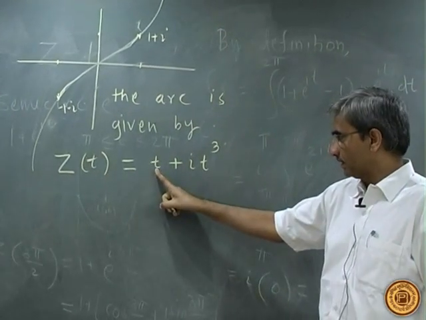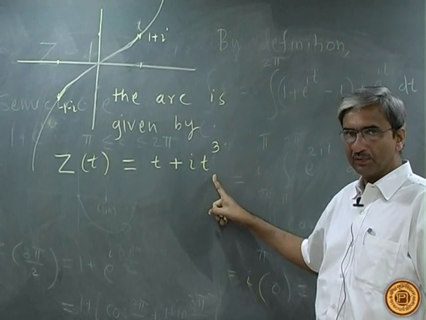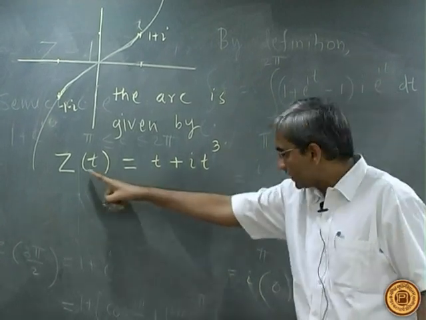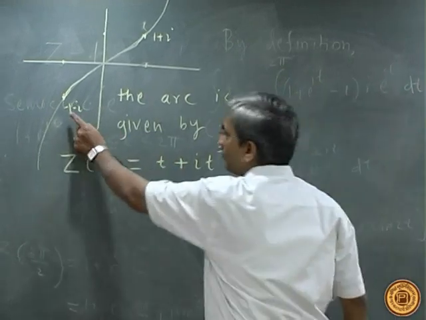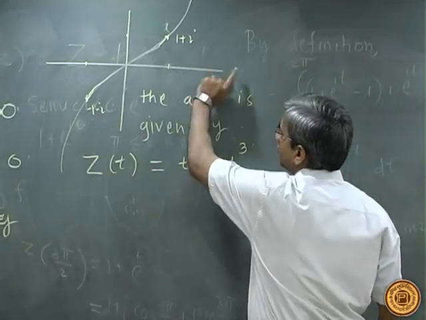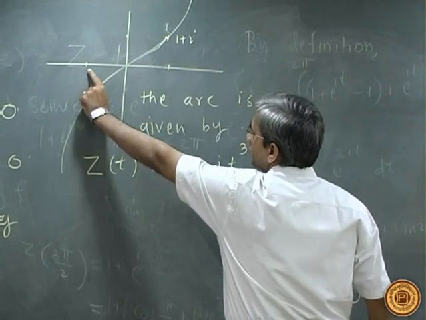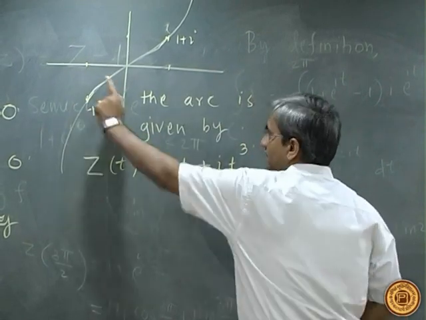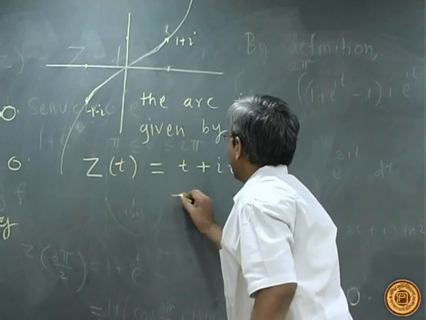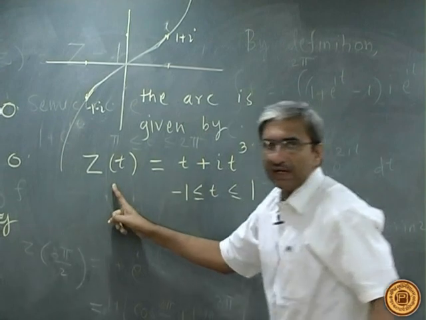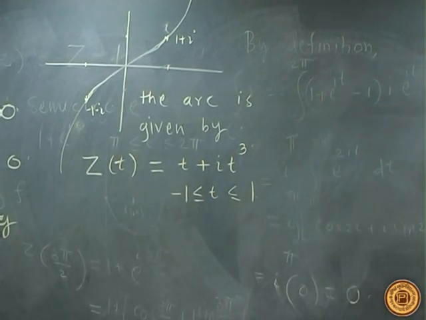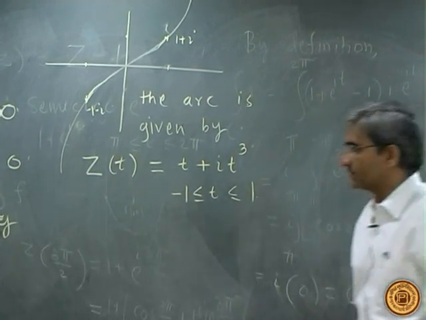So if x is t, y has to be x cube on the curve. So this is exactly the parameterization of y is equal to x cube. But we want only from minus 1 minus I to 1 plus I. That means x, which we have taken as t, ranges from minus 1 to 1. So minus 1 less than or equal to t less than or equal to 1. So this is our description of the contour on which we want to integrate the function.